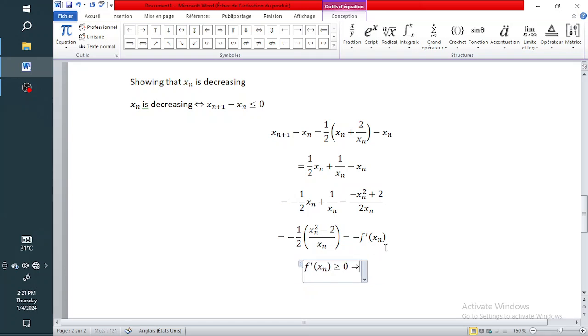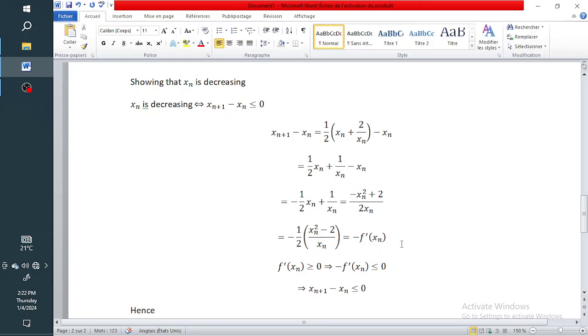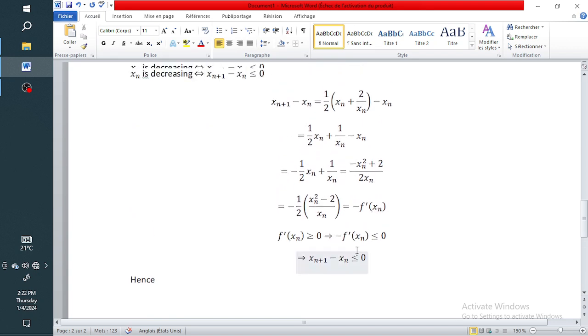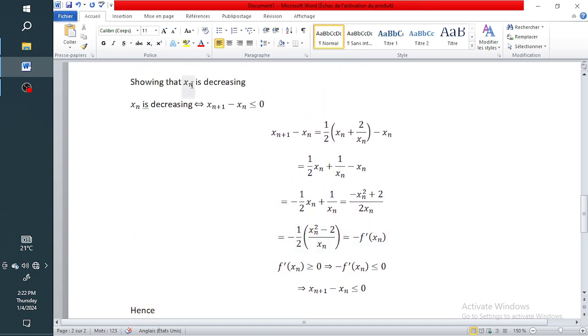If we multiply both sides by negative, the inequality sign will reverse. So negative f prime of xn will now be negative. But negative f prime of x of n is simply x of n plus 1 minus x of n. So in conclusion, the sequence x of n is decreasing, as required to show.